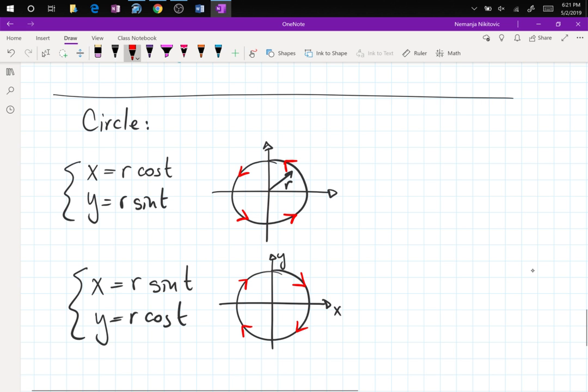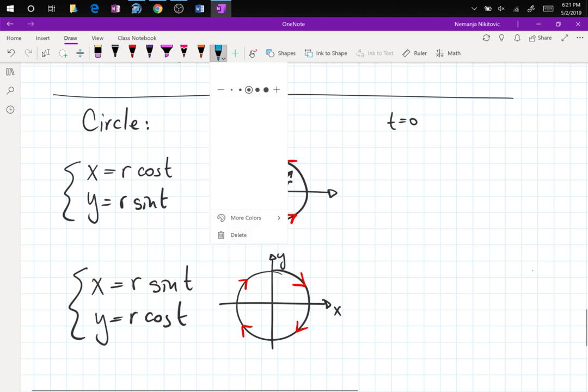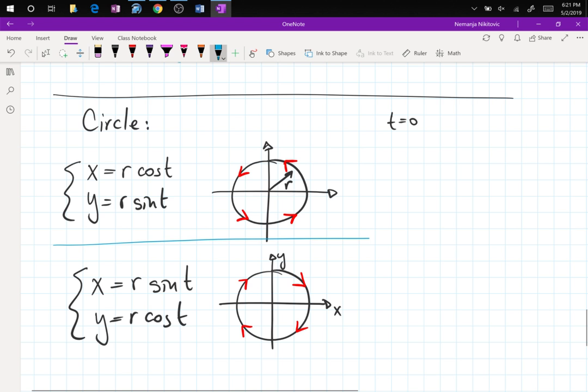We can easily prove this by plugging in a point. So let's use point t equals 0. I don't need to be dramatic. t equals 0 for the top example.